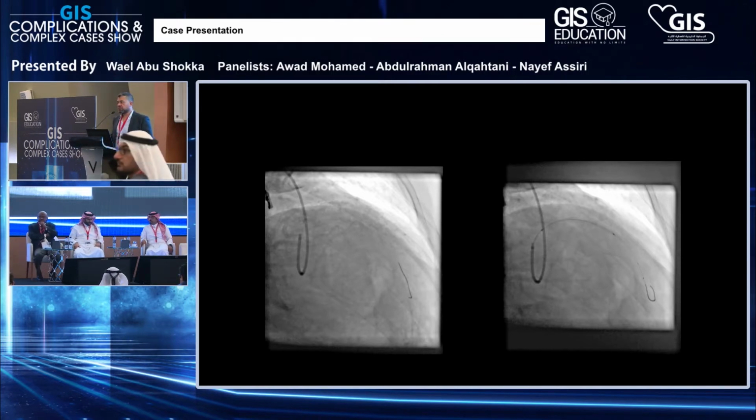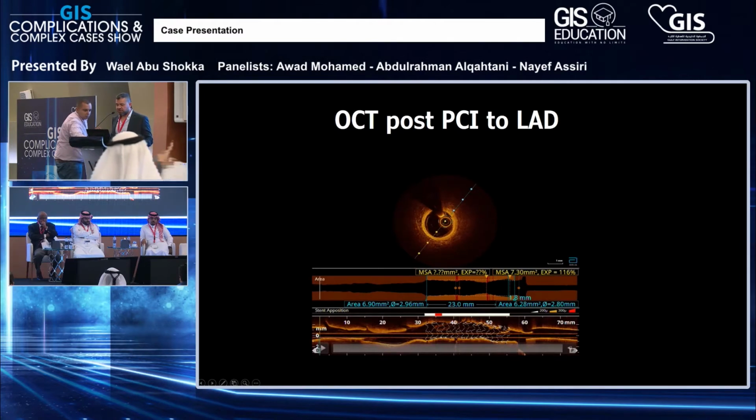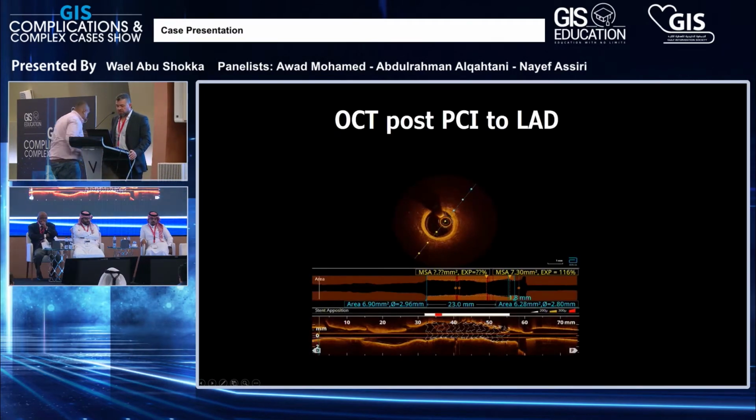No, we've done OCT, and we had a very good result. We calculated the max. There's no edge dissection. The stent expansion was more than 100%, it was 123%, and no malappositions. So we were very happy about this. Here is the OCT result.